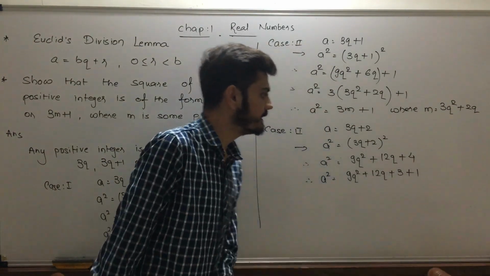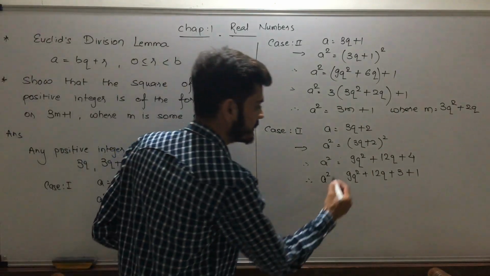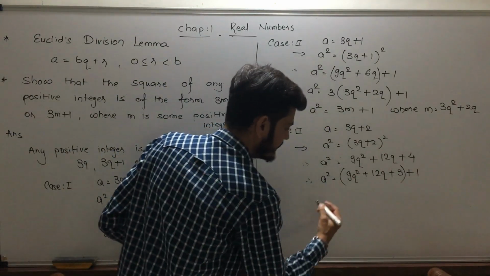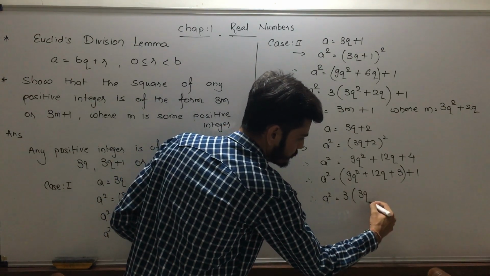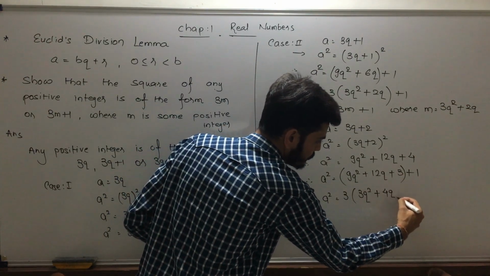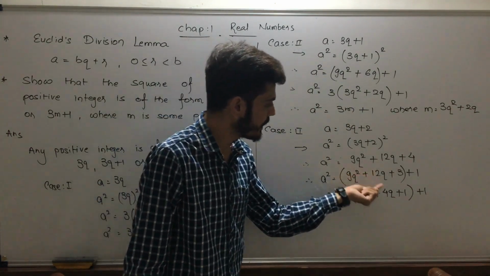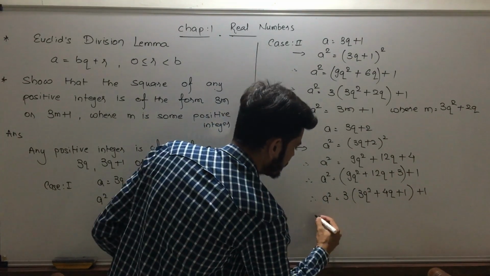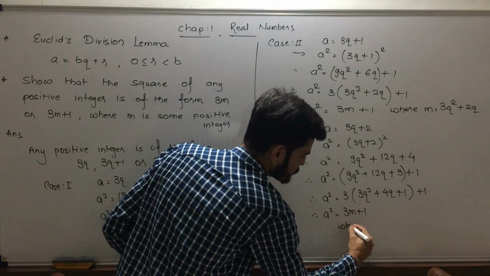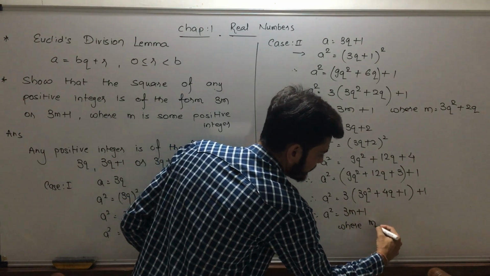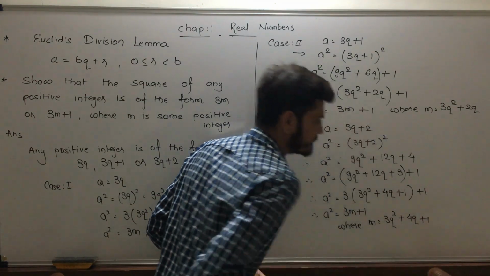Now we have plus 1, then the remaining should be in the form of 3m. Then after it becomes 3m plus 1. So let's take common 3. So a square is equal to 3 into 3q square plus 4q plus 1, plus 1. 3 common from this 9q square, 12q and plus 3. So now it is in the form a square is equal to 3m plus 1, where m is equal to 3q square plus 4q plus 1.